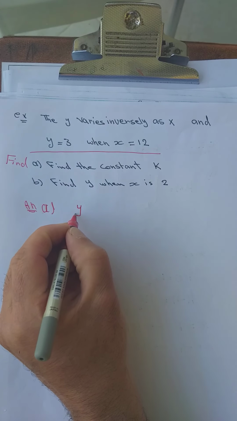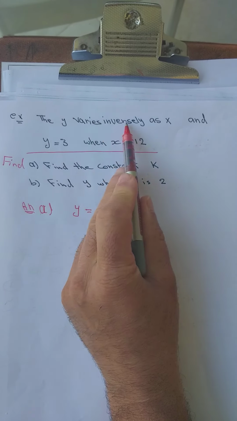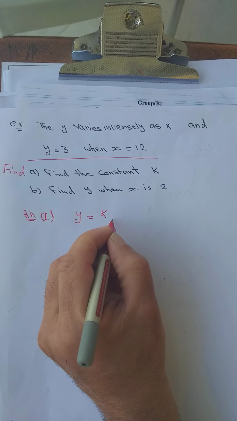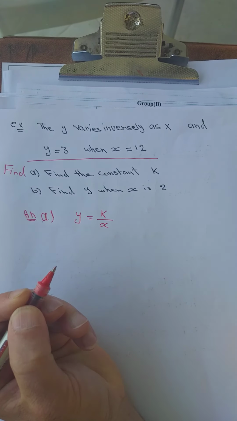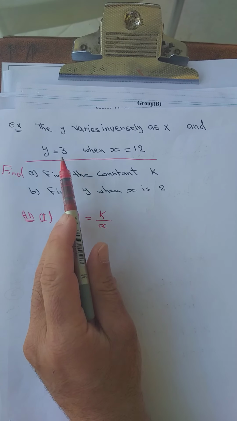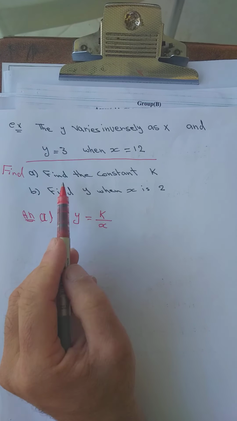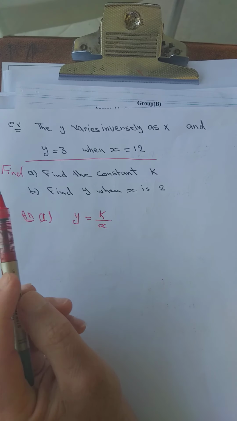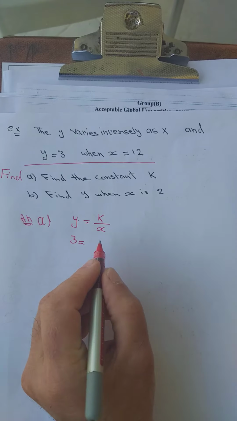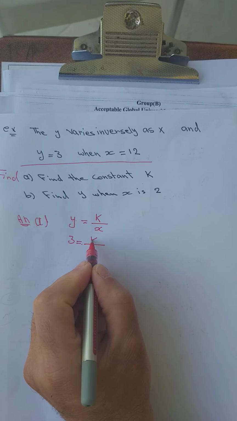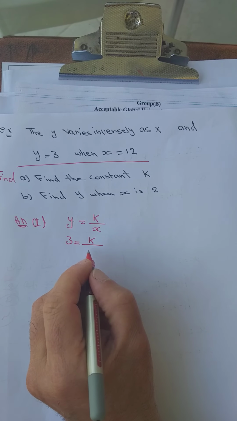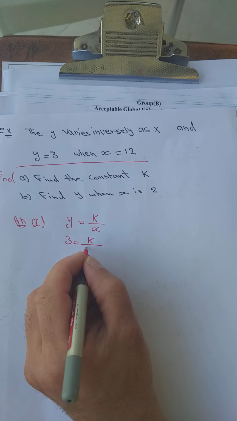As you know, inverse variation is given as y equals k over x. Do you have value y? Yes, y is equal to 3. Do you have k? No, you have to find it. x is equal to 12.